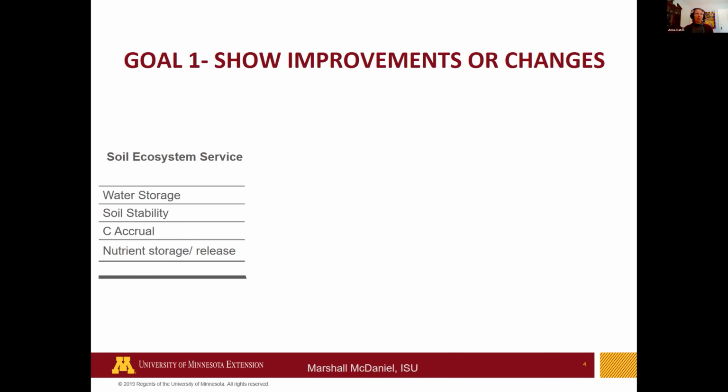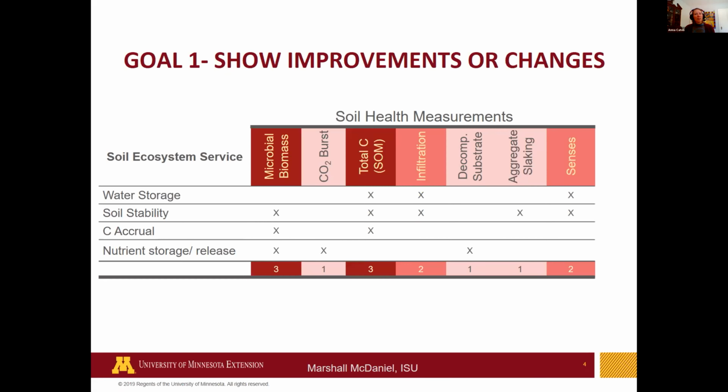By public benefits, I'm thinking of things that the whole community benefits by, like reducing the nutrients in water in our local streams and also downstream in the Gulf of Mexico. But keeping water around in the soil rather than releasing it to the waterways is also good for farmers in a dry year, which, as we heard from Kenny, may be upcoming. So these are the different tests I'm going to talk about today.